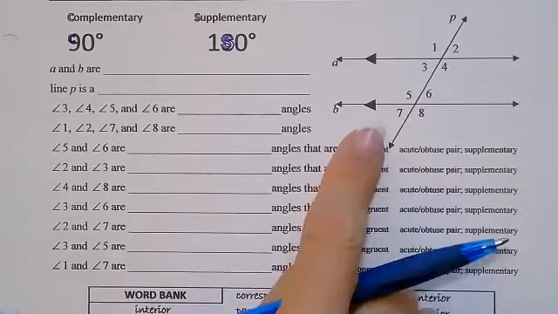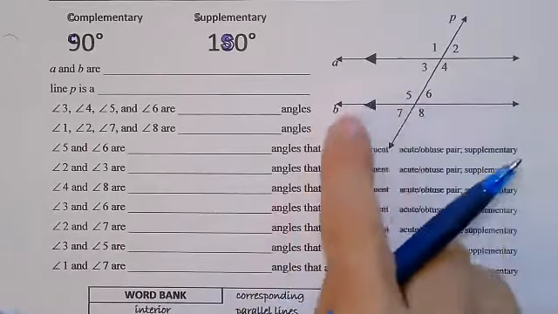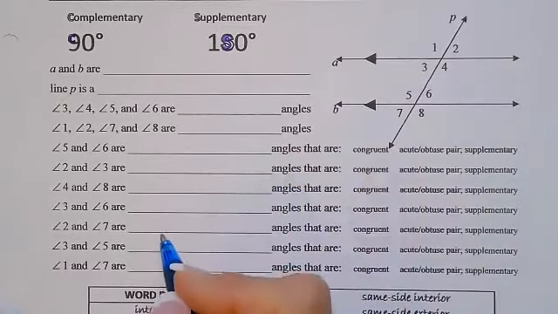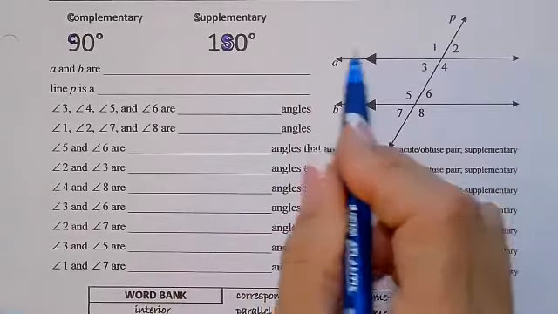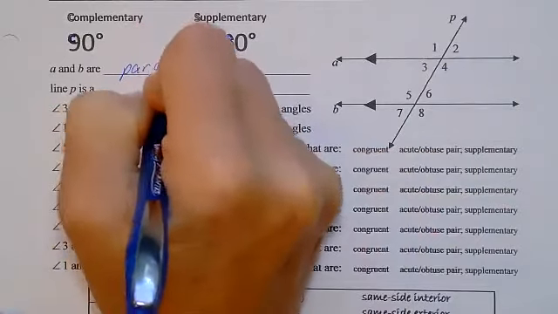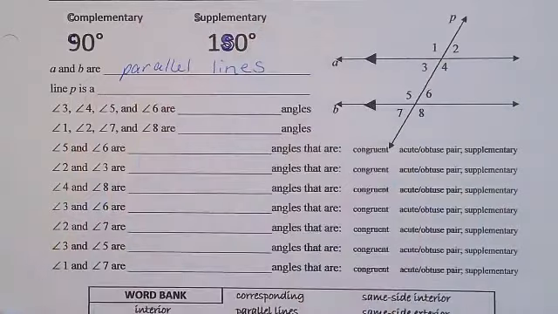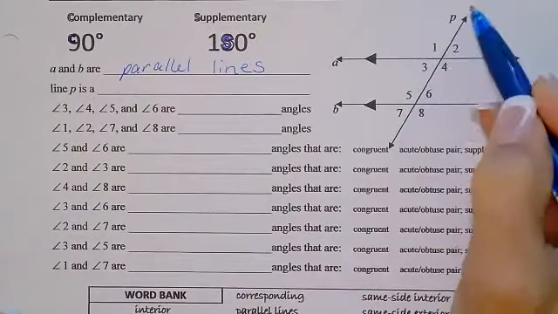Okay, now we're going to take a look at this transversal. So lines A and B are parallel lines. They go on in either direction and they never cross. Line P intersects them.